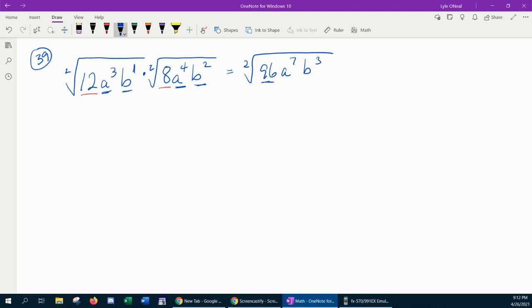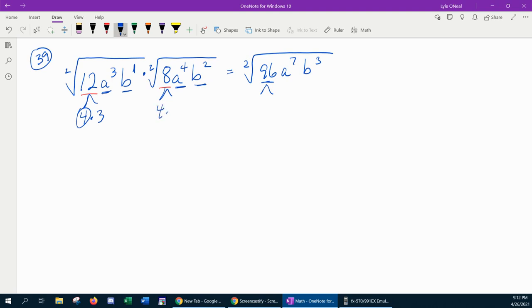And so for the 96, you can either break it down into factors where one of the factors is a perfect square, or you can find the prime factorization. So what I'm going to do is come over here to my 12 and 8, and see if I can do it a little bit faster than doing prime factorization. I know that 12 is 4 times 3, and 4 is a perfect square.